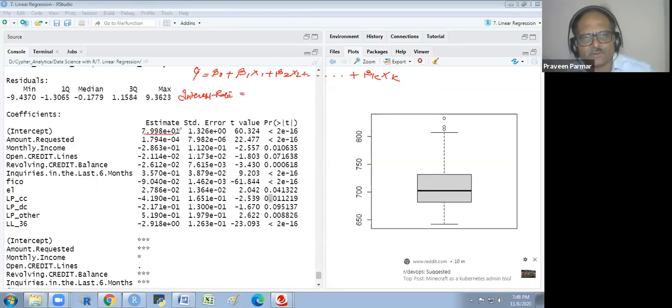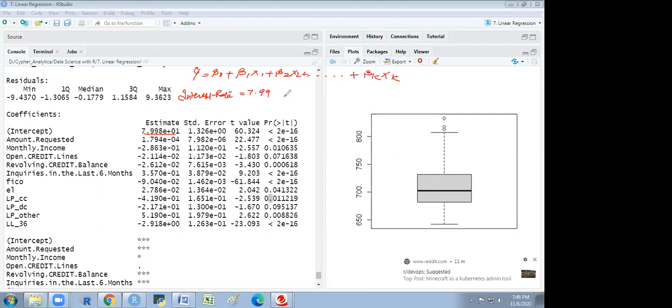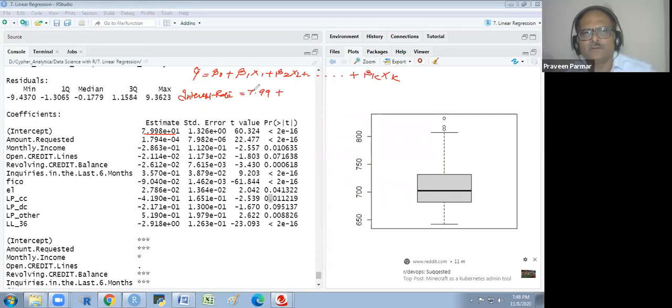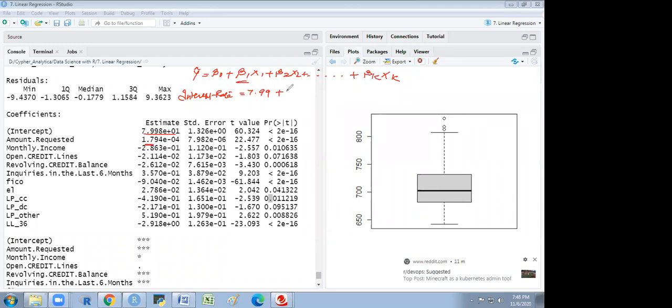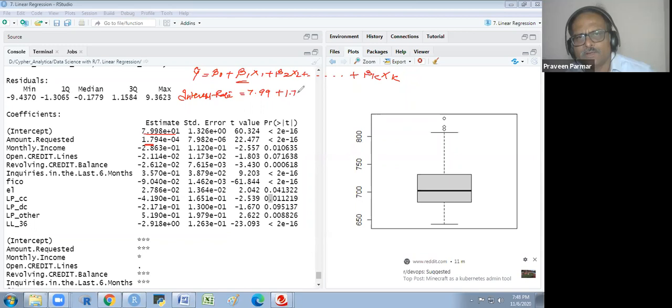Beta 0 is this one, so that is 7 point something. I just write up to 2 decimal places. And then beta 1 is this one, so I'm writing 1.79 into 10 to the power minus 4. E stands for 10 to the power.